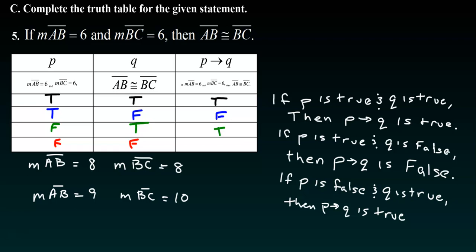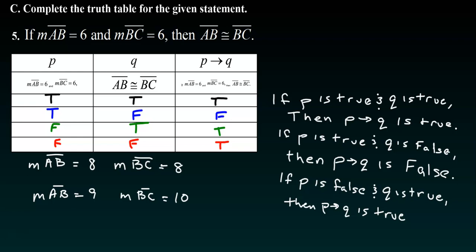So can this now be true because there's a case that happens? Yes. So this last part is still true because we have a case where it's not 6 and it's not equal to. That makes this statement still true.